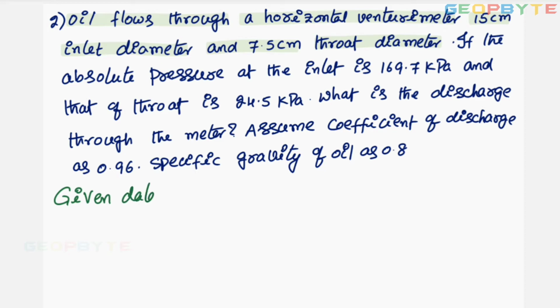This is an important problem. It was asked in the Telangana State Board examination in 2005, and the same problem was asked in 2018 also. Very important problem. So the inlet diameter is given 15 centimeters equal to 0.15 meters.